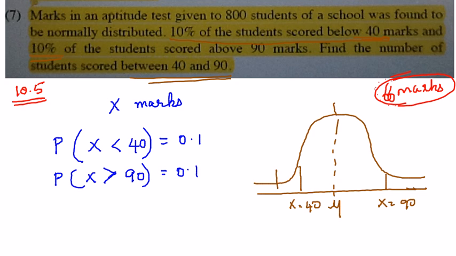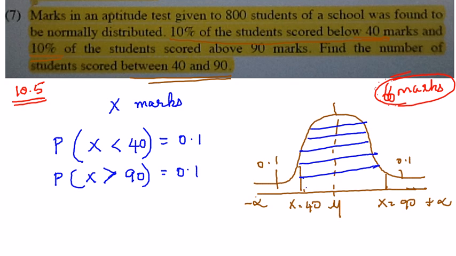So you know that this is 0.1, this is minus infinity and this is plus infinity. You know that this is 0.1, right? And this is also 0.1. Students getting greater than 90, students getting less than 40. You are asked to find out this number of students who get marks between 40 and 90, right?